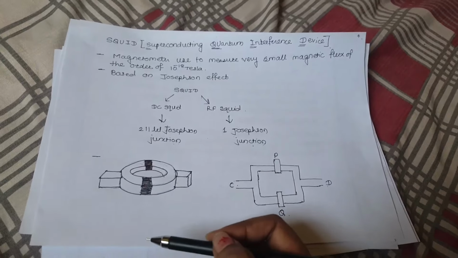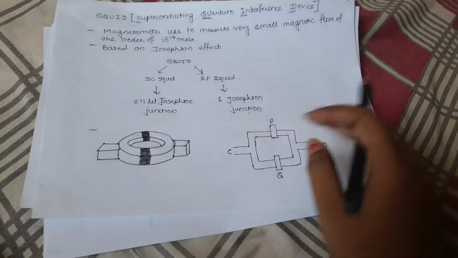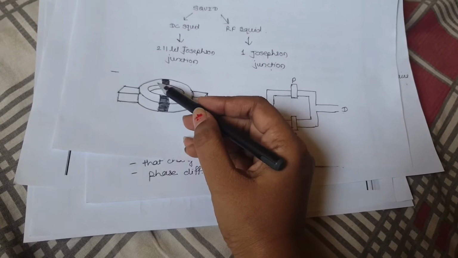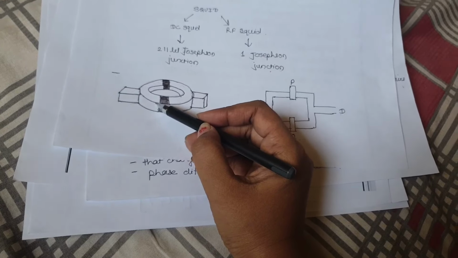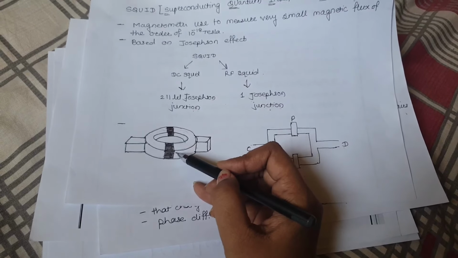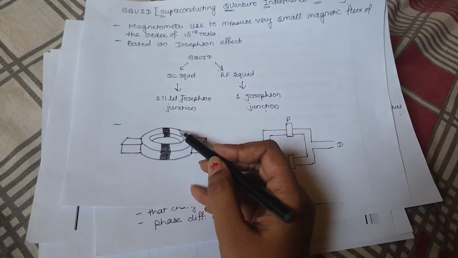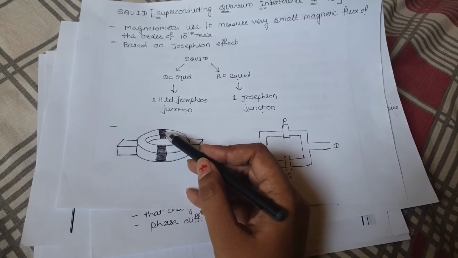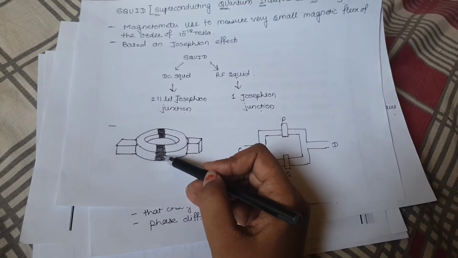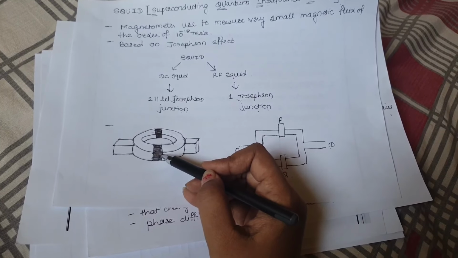Now how is SQUID formed? You can see this is the first superconductor, this is the second superconductor, and these two superconductors are connected with the first Josephson junction, and here also the second Josephson junction.